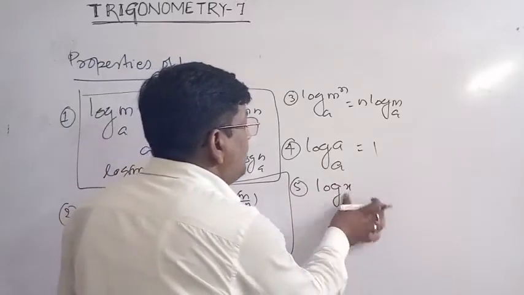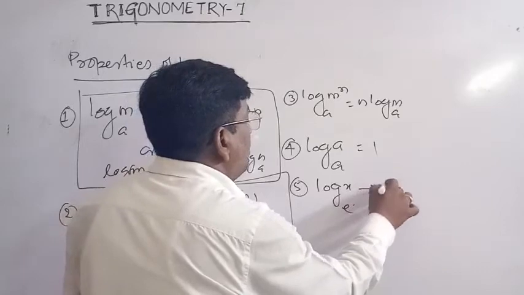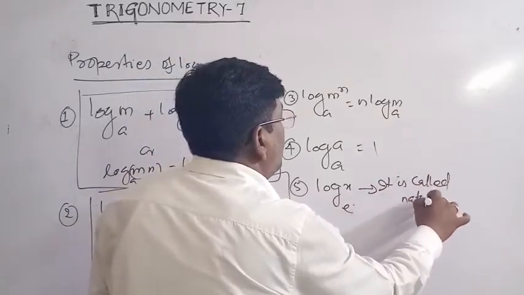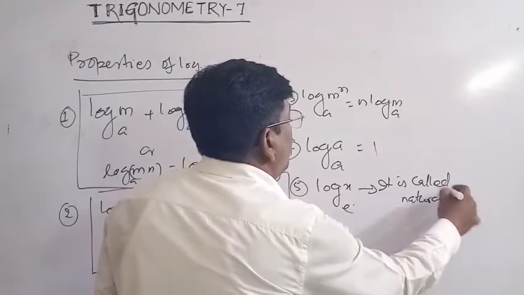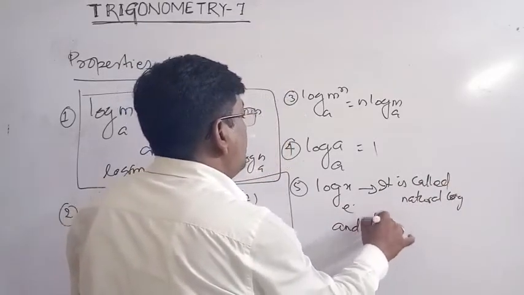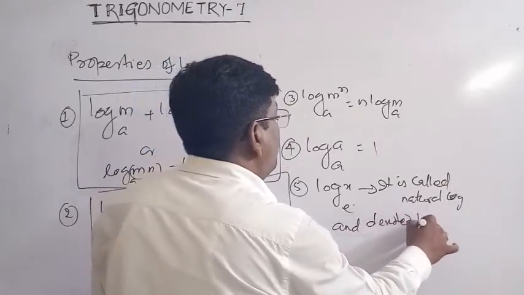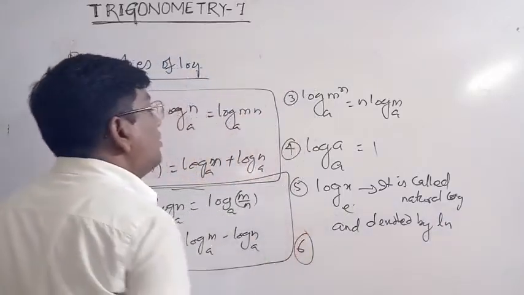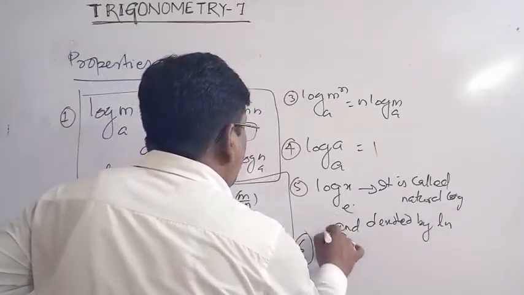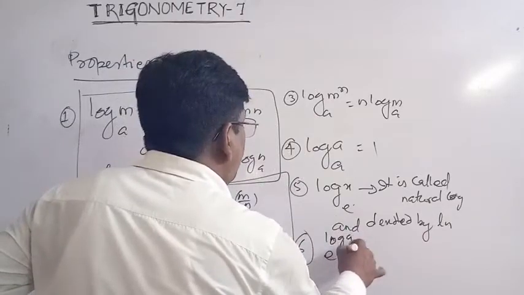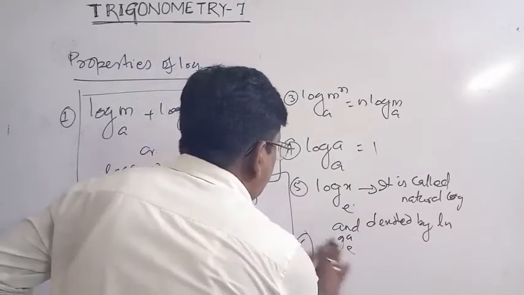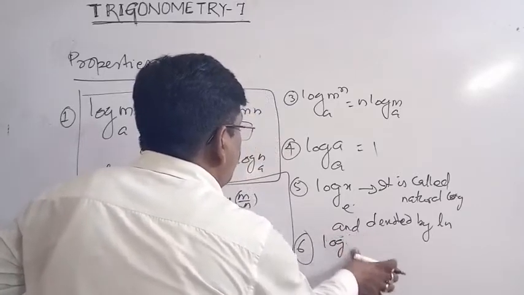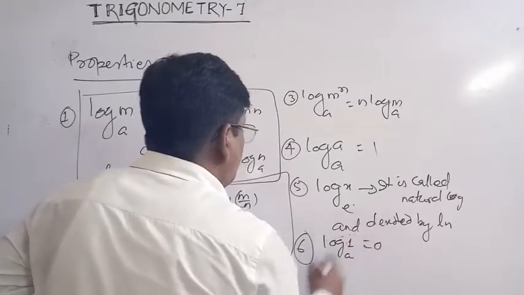If the base is e, then it is called natural log, and denoted by ln. Property 6, e to the power log a base e is equal to what? Log 1 to the base a is equal to 0.